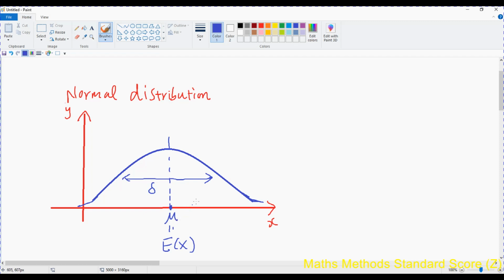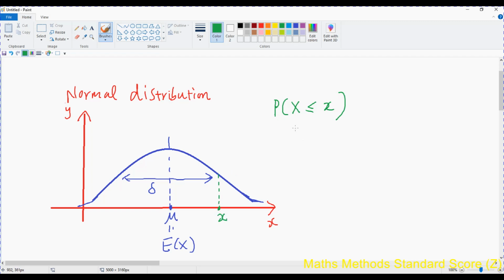All right, so let's say I try to find the probability, for example, of x less than a certain value, which you can say is any number, just x. So let's say that x is here.